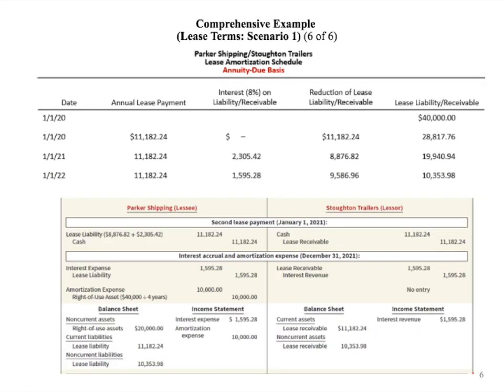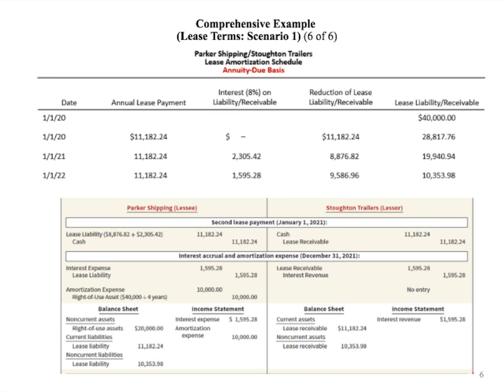As we move into the next year, in a very similar fashion, the second lease payment will come in as debit cash, credit lease receivable, and then we will have to accrue our revenue for the year in the amount of roughly $1,600 right here. And again, it will not be an interest receivable, but rather lease receivable.